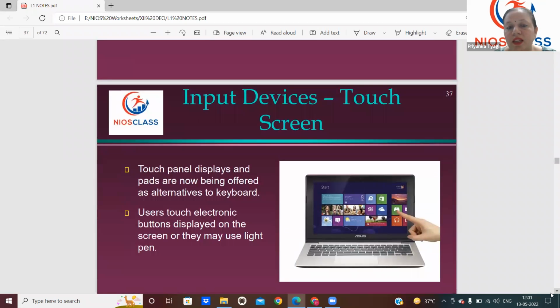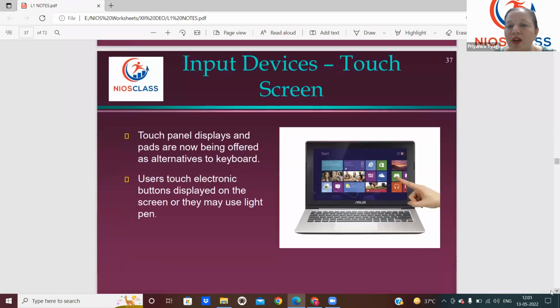Now here you can see the next input device is the touch screen. The biggest example of this device is our smartphone. Nowadays we use our smartphones to open many applications and things with the help of touch. We can tap different options by finger touch. Touch panel displays and pads are now being offered as an alternative to the keyboard.